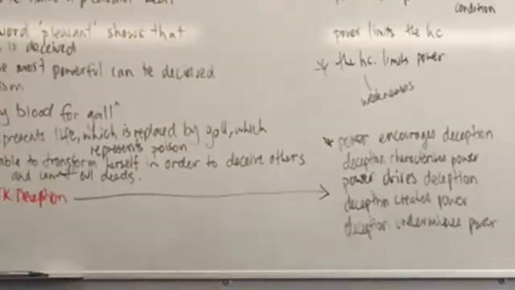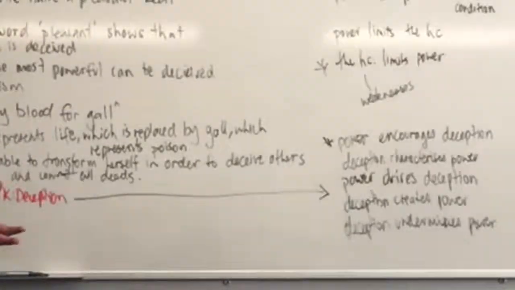Right, because I'm thinking, well, power encourages deception. Really, what's happening in the first example is Duncan, who is powerful, his power, in a sense, encourages Lady Macbeth to be deceptive if she wants to get power over him. So power in that sense encourages deception, because if you want to overcome power, maybe it's suggesting that you need to be deceptive. Going through those, deception characterizes power.